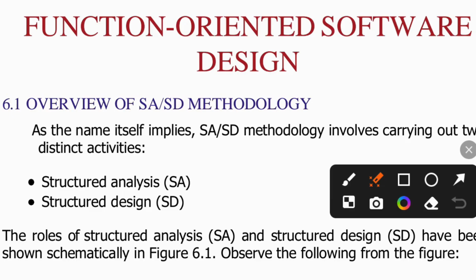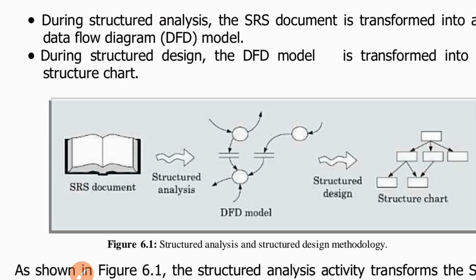So as shown in the figure, in structure analysis the SRS document is transformed into a data flow diagram. Here see the picture. First make the SRS document. The SRS document is transformed into the DFD model based on the structure analysis, and then the DFD model is transformed into a structure chart based on the structure design.